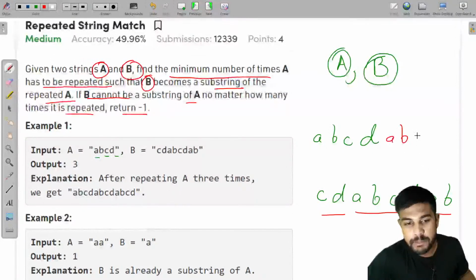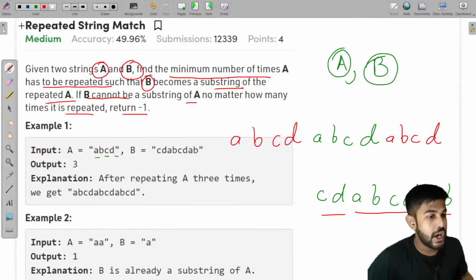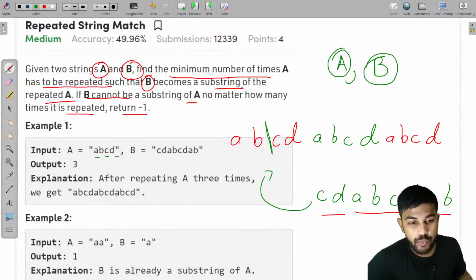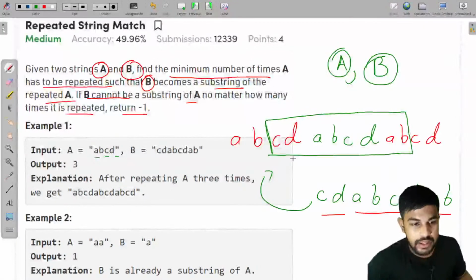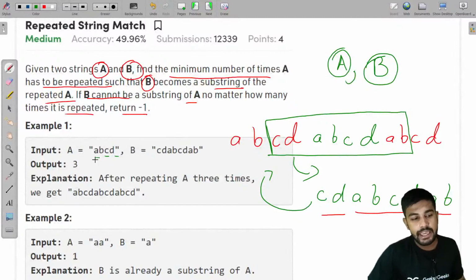So one A, B, C, D, and then again A, B, C, D. Now we can say that this is a substring. Why is this a substring? Because this occurs within this one. How have we built this? We have built this by repeating A only.